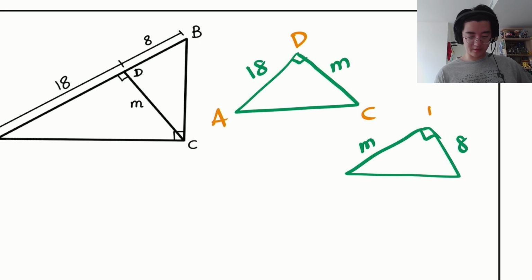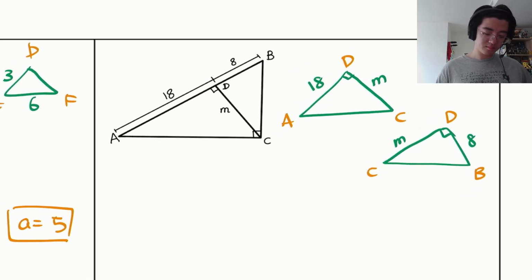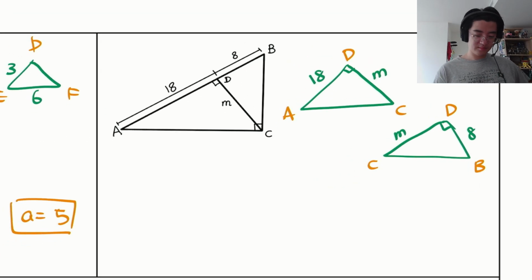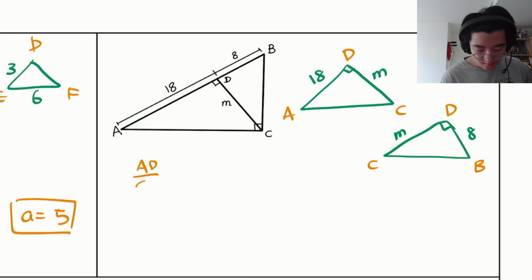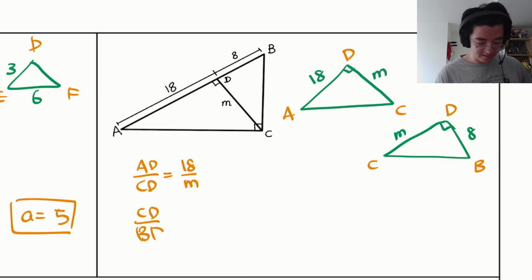Okay, cannot forget about our points. That's D, B, and C. Okay. AD over CD. Okay. DC over DB, or BD. Oh, sorry. CD over BD.